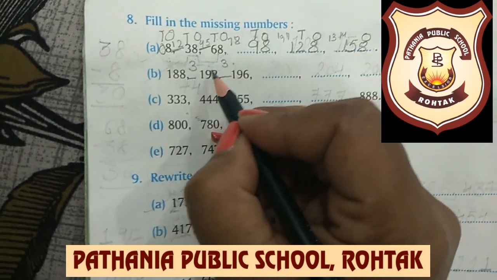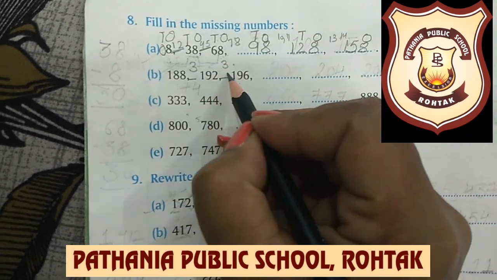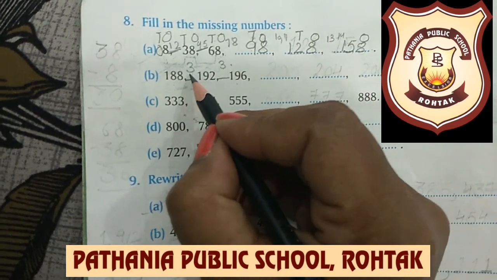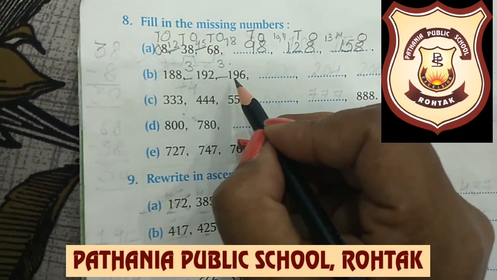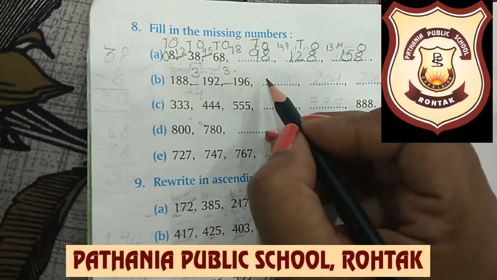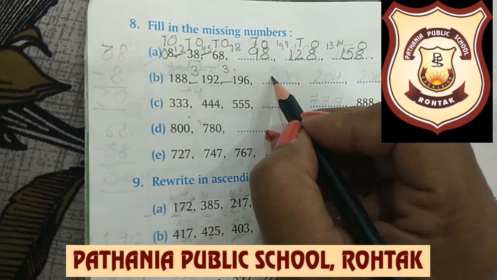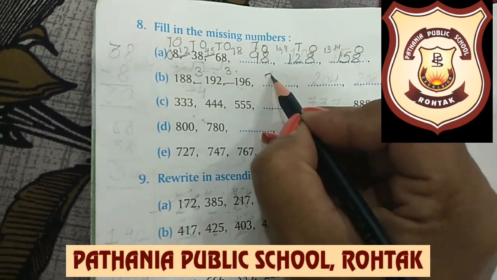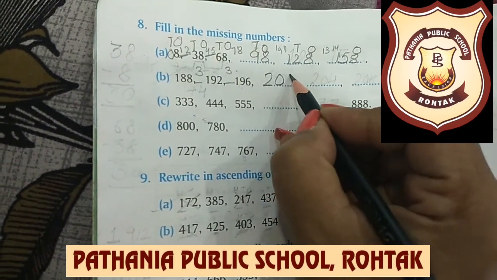So here we can observe that this is the pattern of skipping 3 numbers. By applying the same, after 196 we need to skip 3 numbers: 197, 198, 199. So here we will write 200.